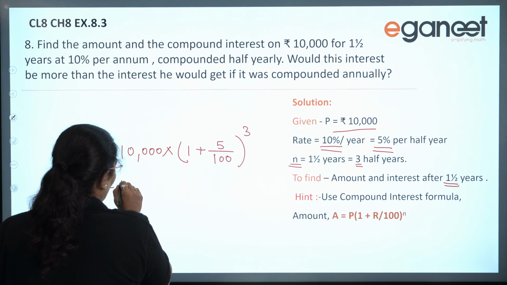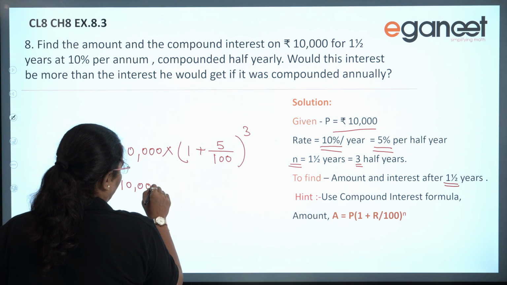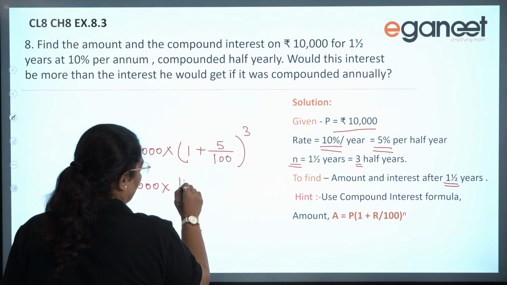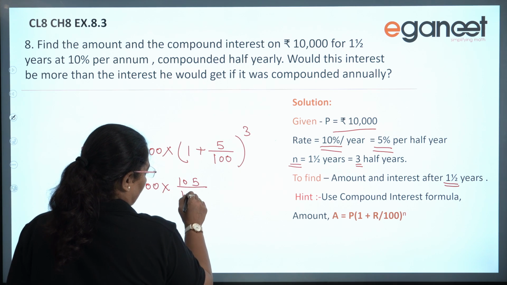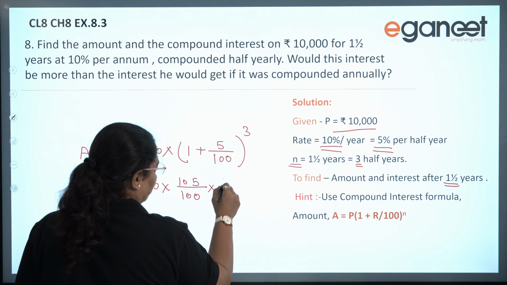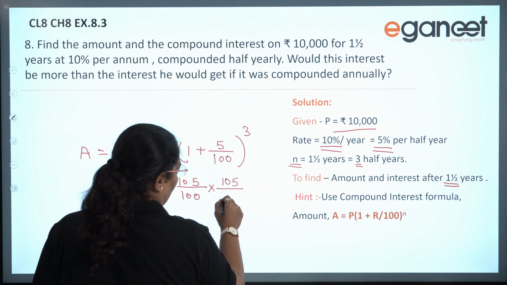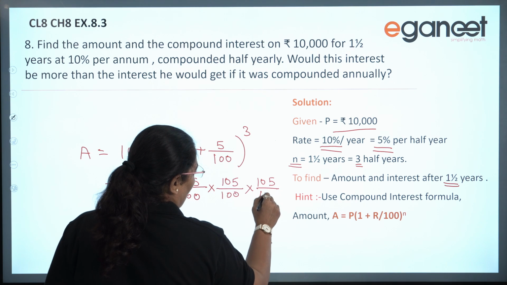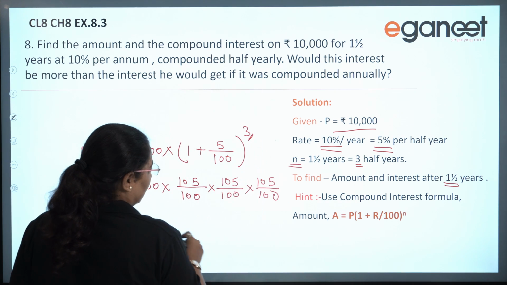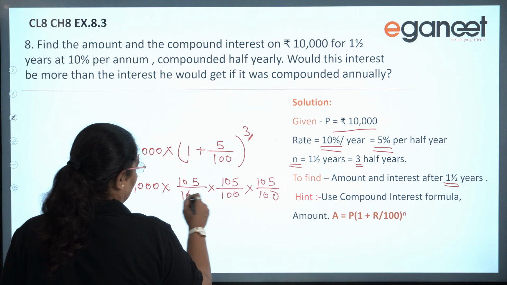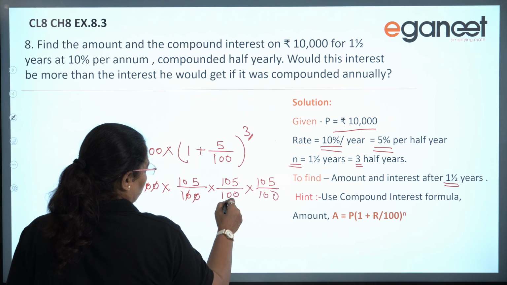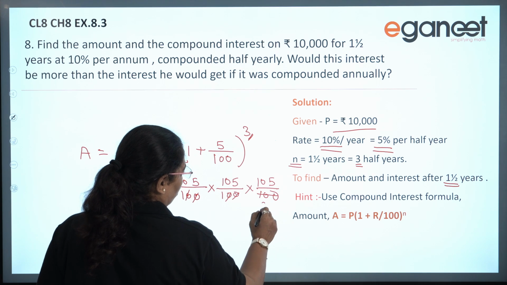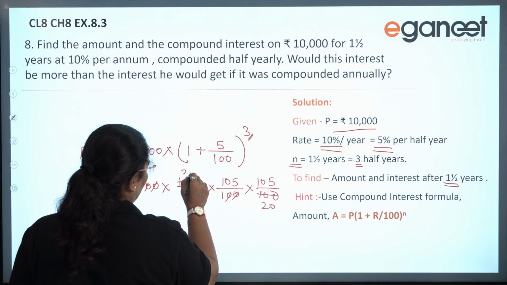So this is equal to 10,000 into 100 plus 5, that is 105 upon 100, three times: 105 upon 100 into 105 upon 100 as it is 3 times. So just by cancelling, this is 20 and this is 21.